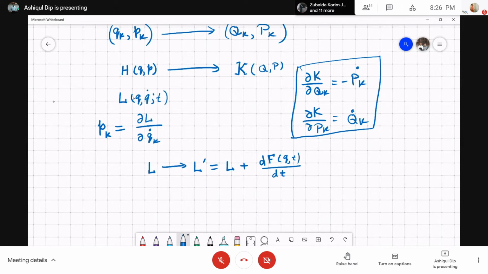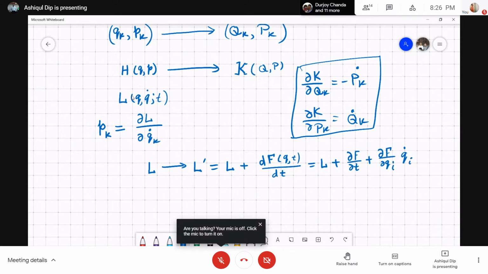If you expand df over dt, we get L plus delta f over delta t plus delta f over delta qi, qi dot.